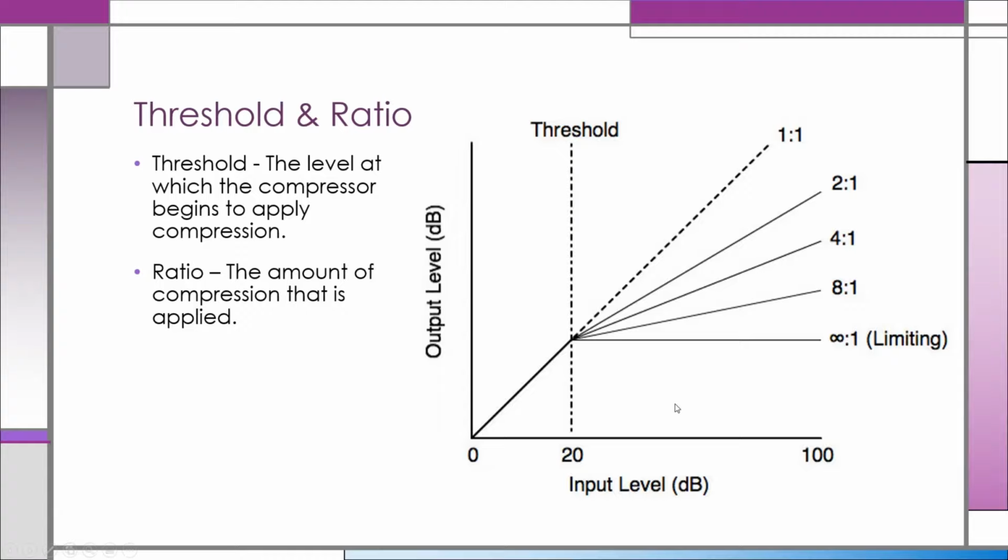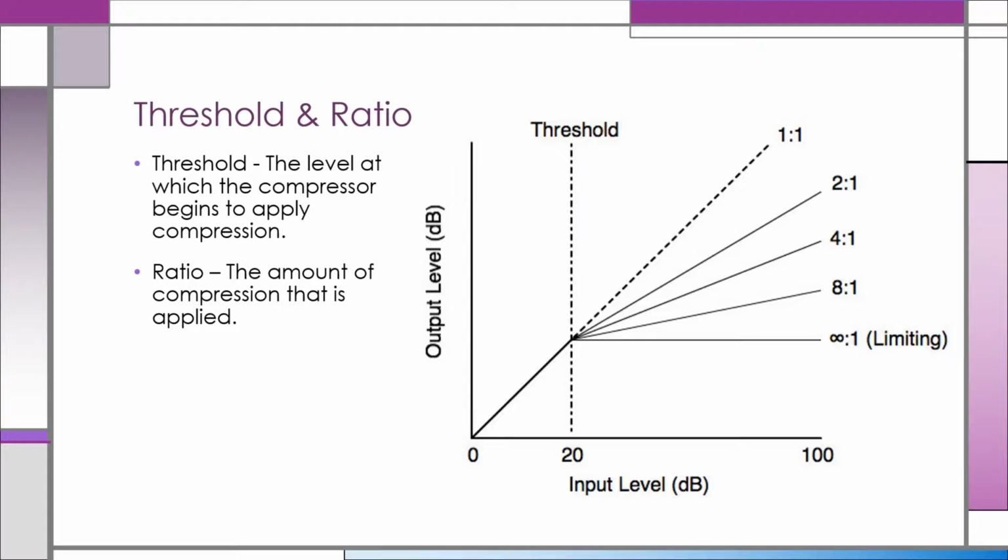So if we had, say, our signal at 30 decibels with a 2-to-1 ratio and a threshold of 20 decibels, our end signal would only be 25 decibels. Because again, our original decibel amount is 30. We're essentially cutting that in half. For every 2 decibels over, we're only allowing 1.